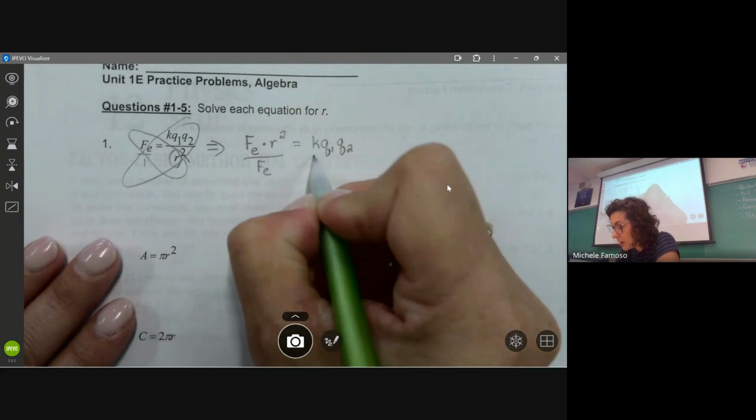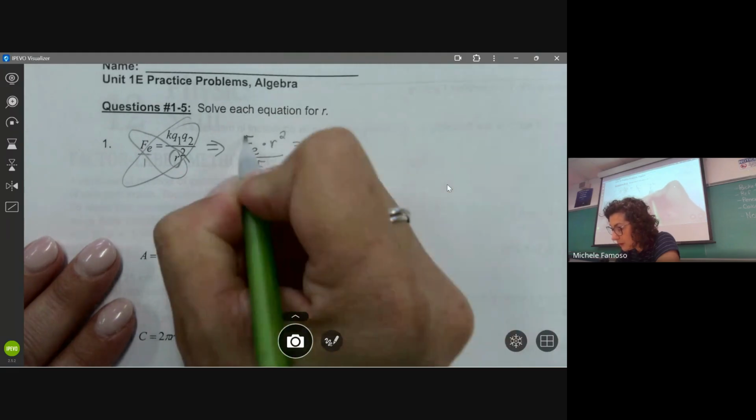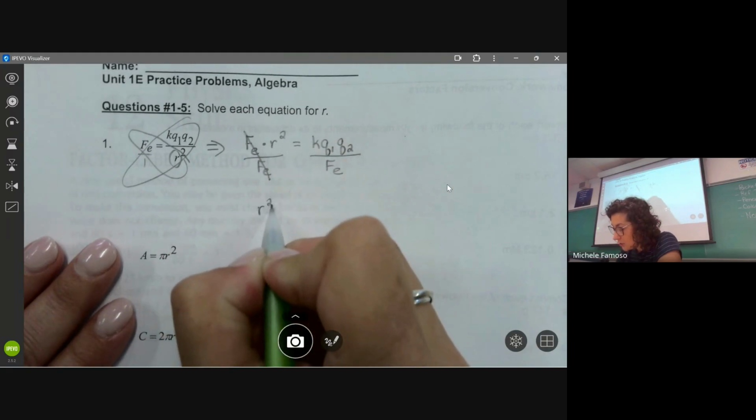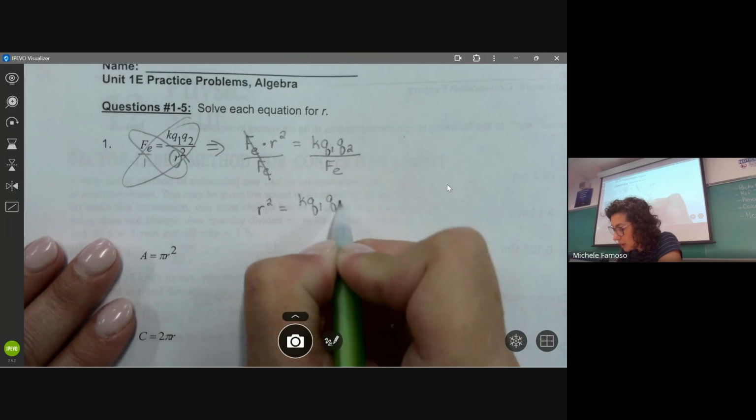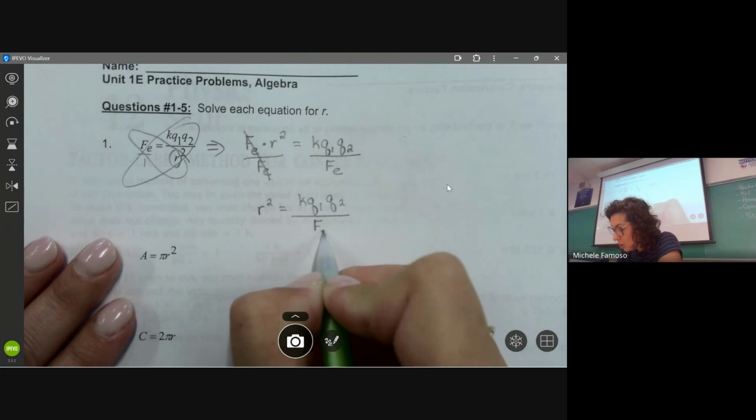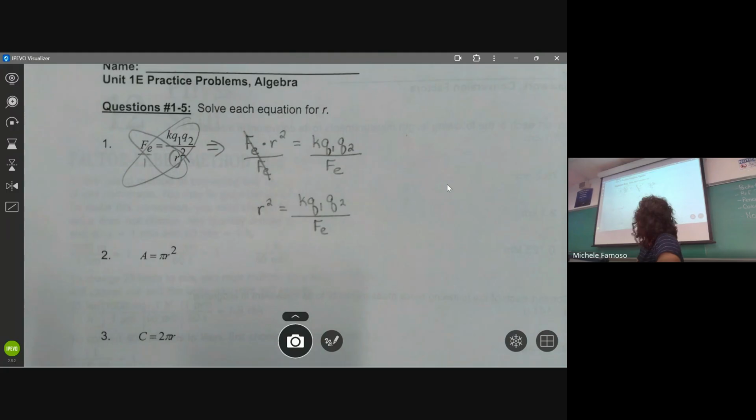We have to undo that multiplication that's there, leaving us with r squared equals K times Q1 times Q2 over FE. And now how do we solve it for r?